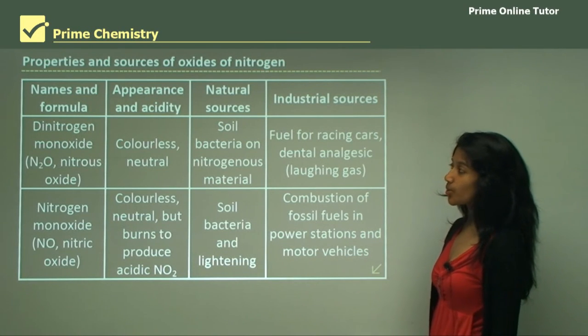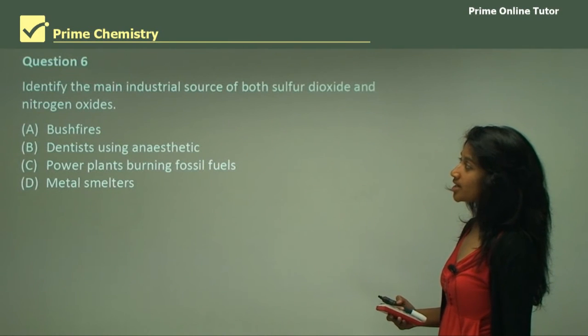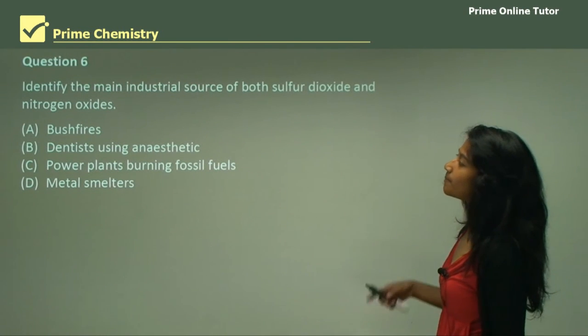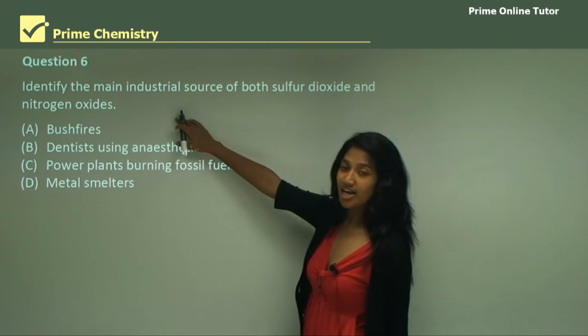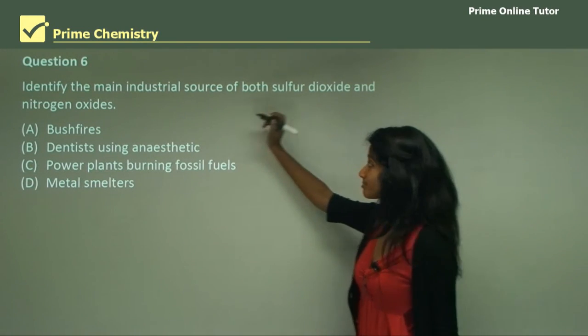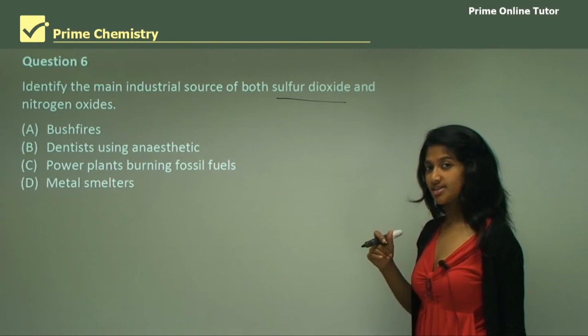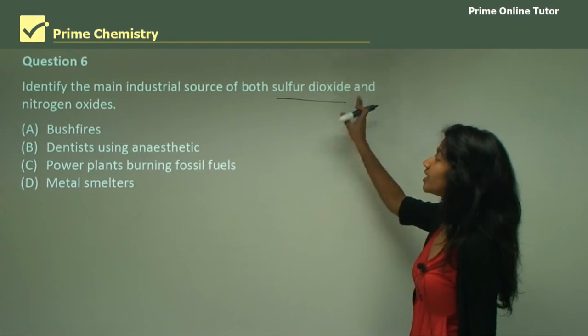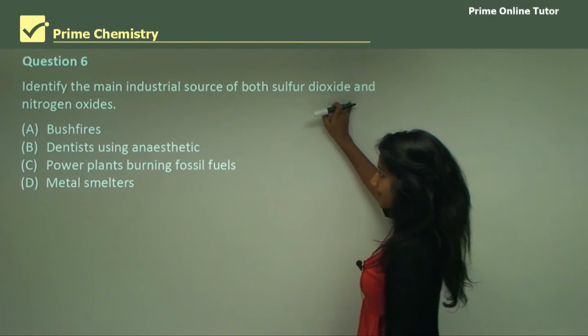Now let's look at some questions that you may be asked from this section. Question number 6. Identify the main industrial source of both sulfur dioxide and nitrogen oxides. Now sulfur dioxide we did cover in the last lesson, so you would have to flip your book back to sulfur dioxide.